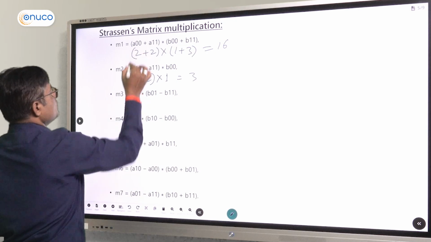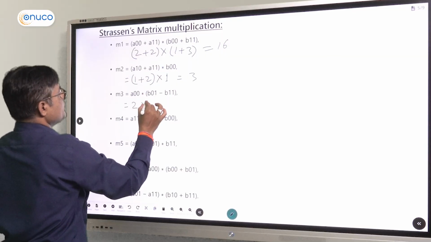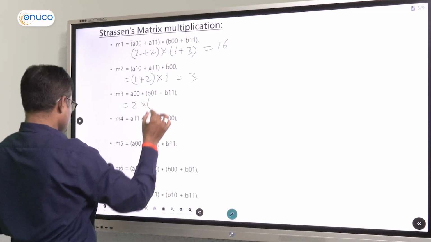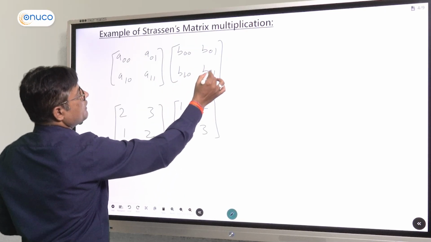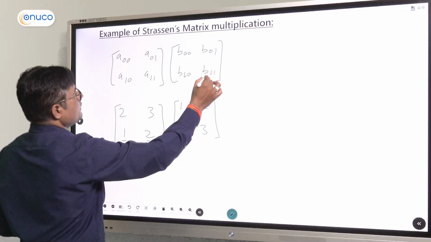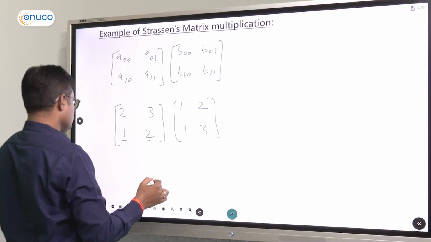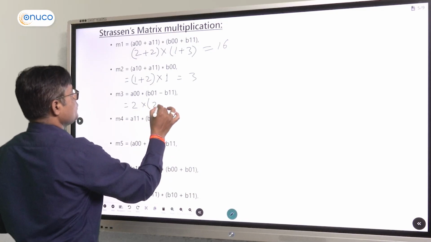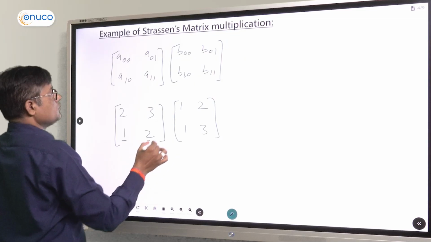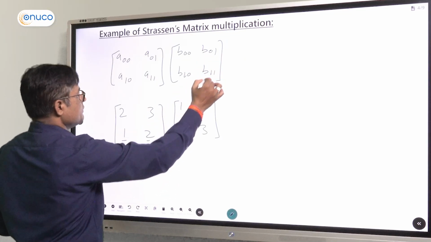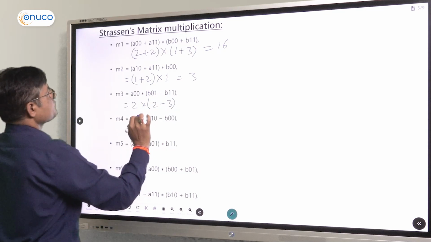M3 is A00, which is 2, into B01 minus B11. B01 minus B11 is nothing but 2 minus 3.